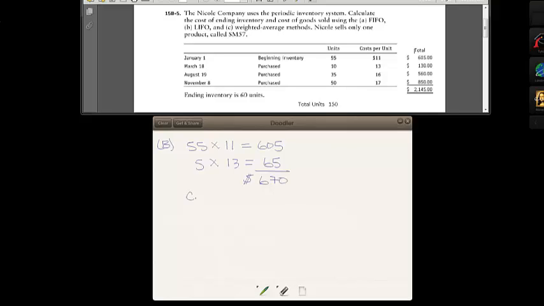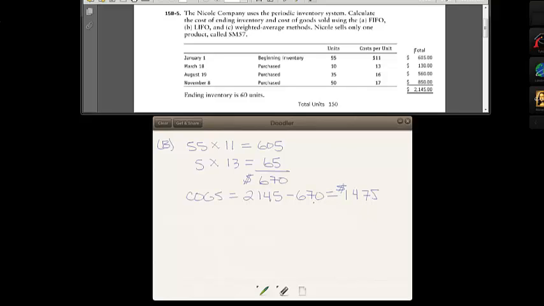So then we can calculate cost of goods sold, which is cost of goods available for sale, $2,145, subtract the cost of ending inventory that we just calculated to arrive at $1,475.